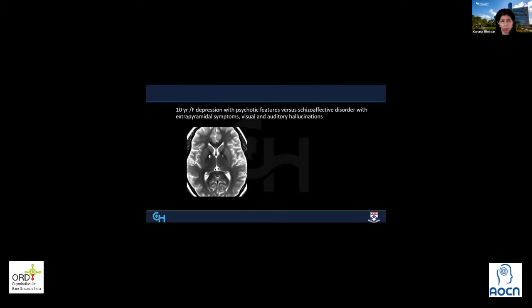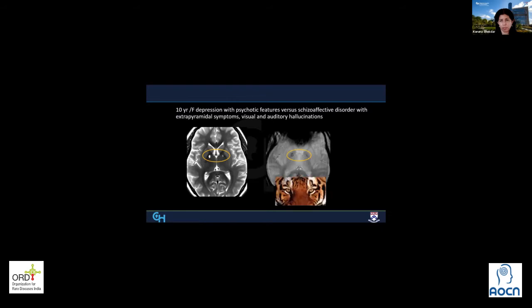You can see on this MR that there are these focal T2 hyperintensities in the globus pallidus, and you can see on the SWI, or the susceptibility weighted images, you have these foci of susceptibility, and that with a central halo, which is not so well seen in this case, but that has been likened to the eye of the tiger sign.